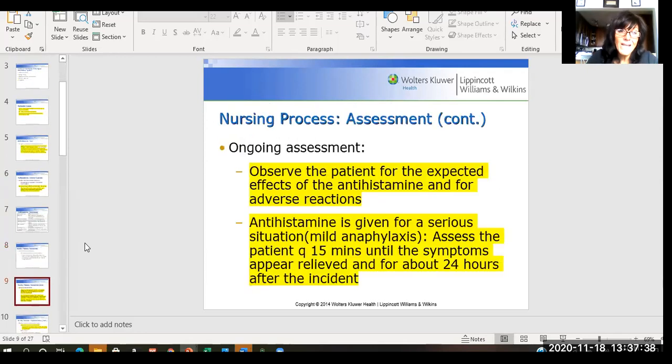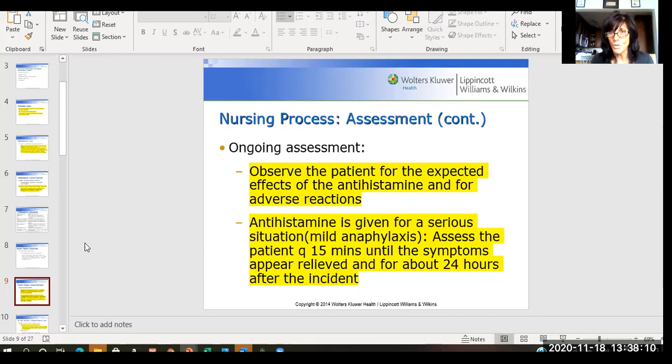So, assessment. Did it work? If you give somebody an antihistamine, you're looking to see if it did what you wanted it to do. When you're using diphenhydramine for mild anaphylaxis, in other words, if somebody's having a mild allergic reaction to, say, a drug, you're going to assess that patient every 15 minutes until the symptoms are relieved, but you're going to watch them closely for a full 24 hours, because with anaphylaxis, it's a weird thing.